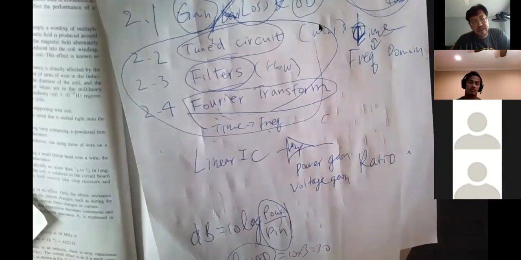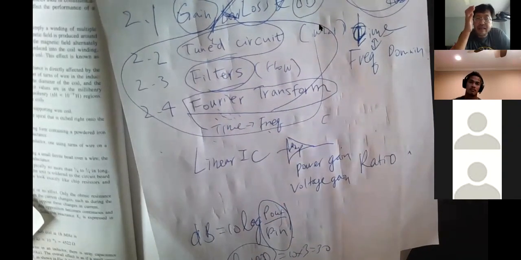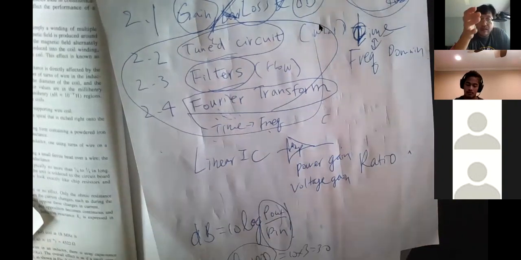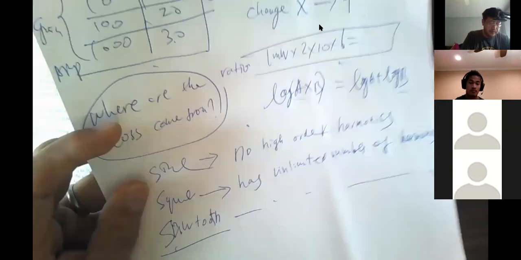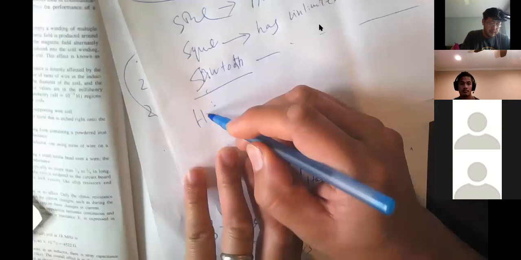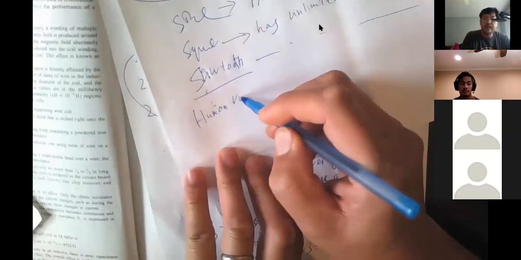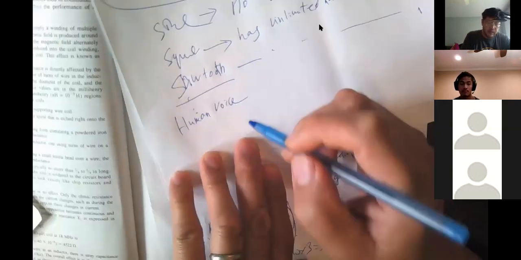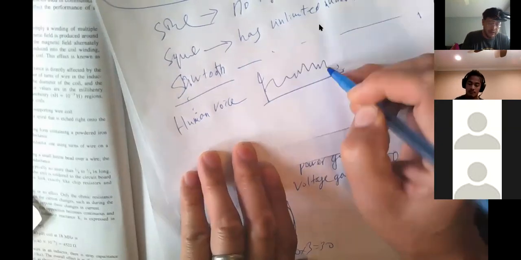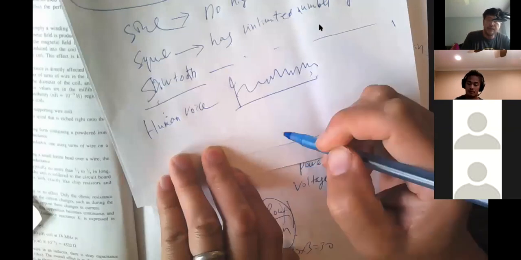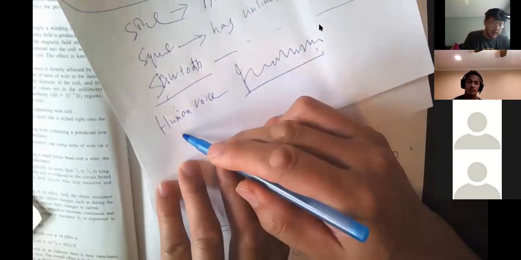So if you look at the signal, you can look at it either in time domain or alternatively in frequency domain. So you look at the signals in frequencies. For example, human voice. What if you look at the human voice in time domain? It's kind of like this, right? But what if we look at this in frequency domain?